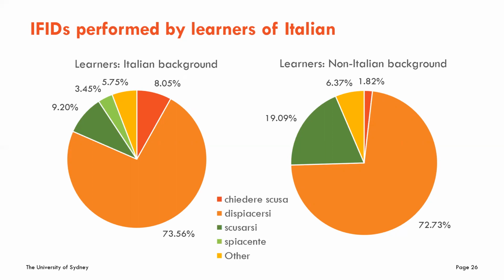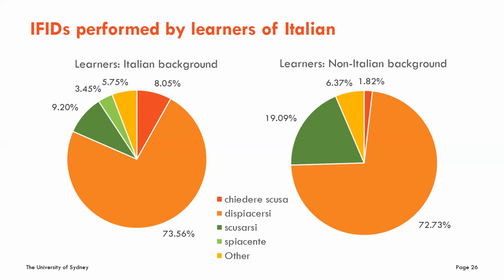So we see the non-Italian background and the Italian background learners do use other IFIDs quite differently. So the learners of Italian background use chiedere scusa much more frequently than the learners of non-Italian background. They also use spiacente, which the learners of non-Italian background haven't used.